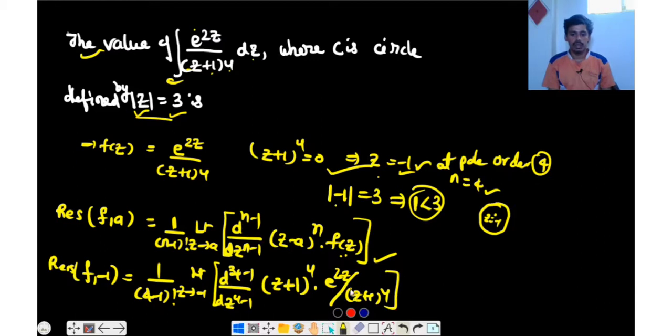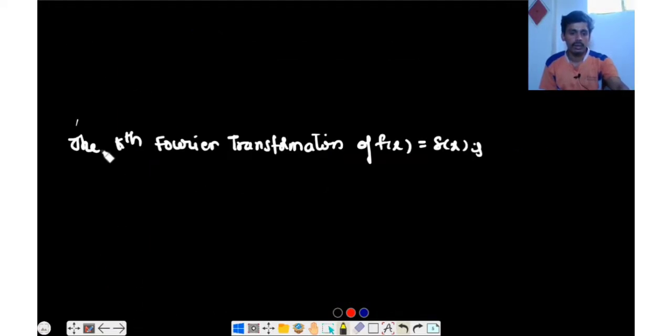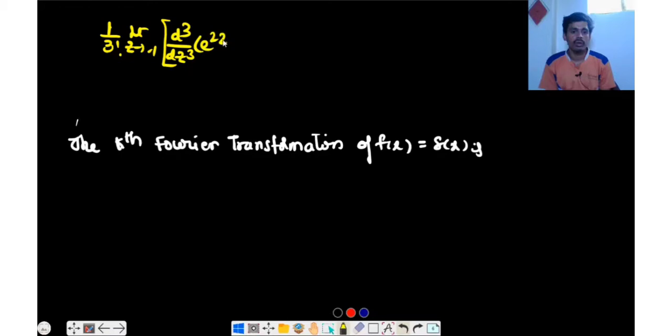Here (z plus 1) to the power 4 cancels. Now we will write 1 by 3 factorial, limit z tends to minus 1, d cubed by dz cubed of e^(2z).